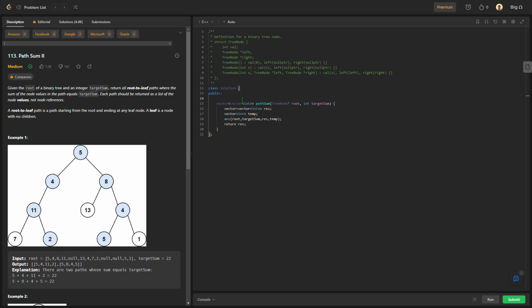Moving on to our answer function, that would be void answer. What we will be passing, firstly TreeNode star root, our int target sum, vector of vector of int ampersand res, and a vector of int ampersand temp.